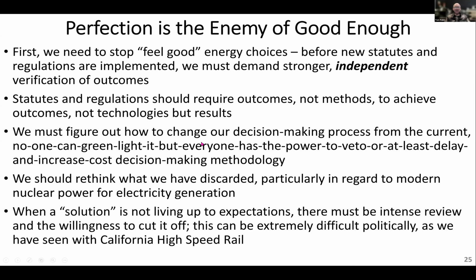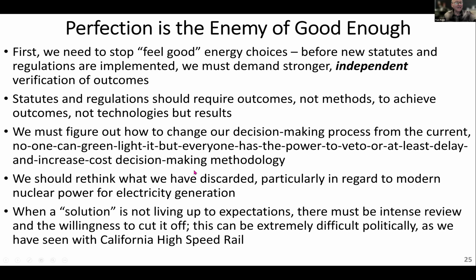We should try to get statutes and regulations requiring outcomes, not methods, and not technology, but results. And we've got to figure out how we can change our basic government decision-making process. All I'm going to say here is we need to figure it out. I have no idea how to do it.